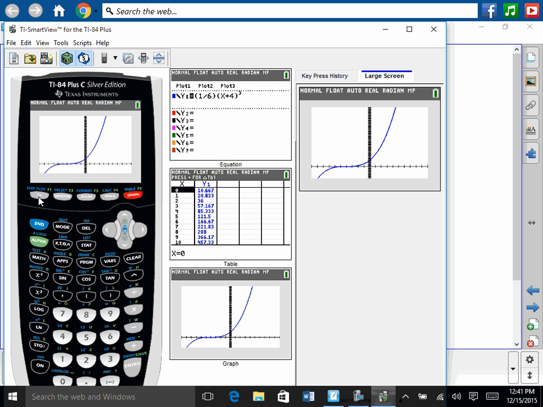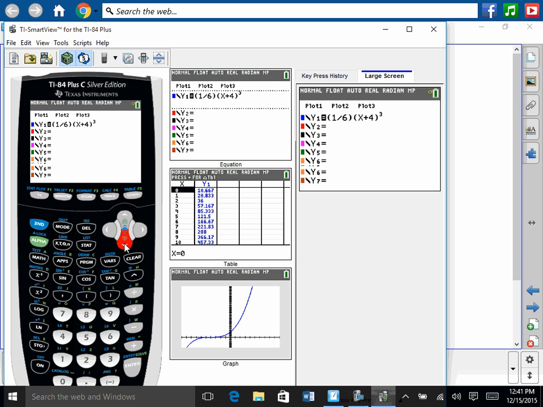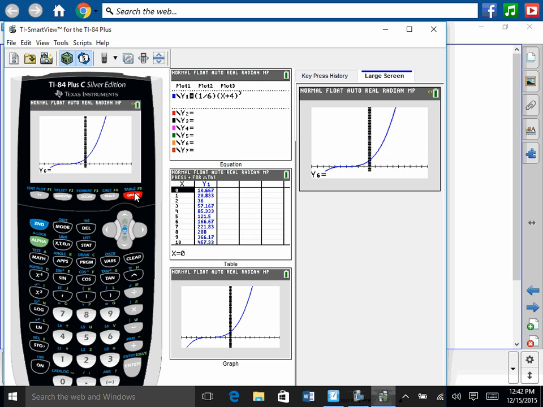So it's stretching it out, and also I'm going to graph the parent function just so you can see how different they look. The parent function was simply x cubed. So if you hit graph, look at it. See how it's graphing this? See how the acceleration is much greater on the parent function? It's like zooming up there way quick. So that 1/6 stretched us out. It's kind of chubby, and it shifted from the parent function back 4.